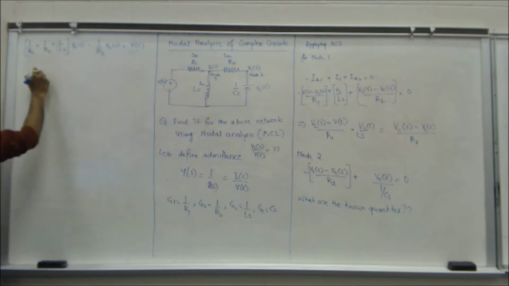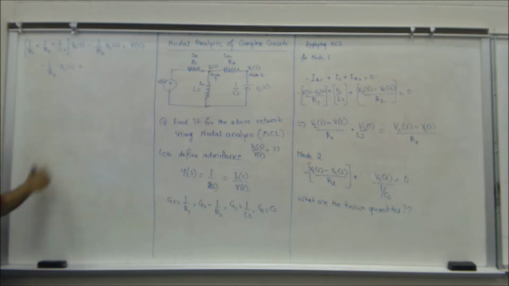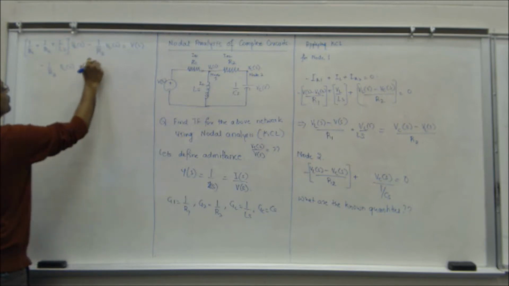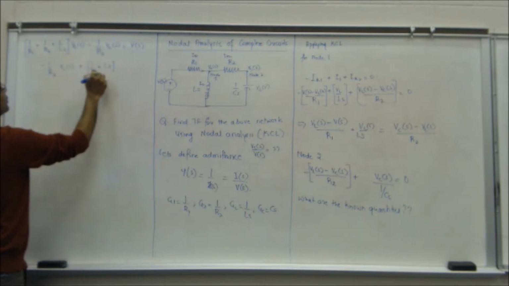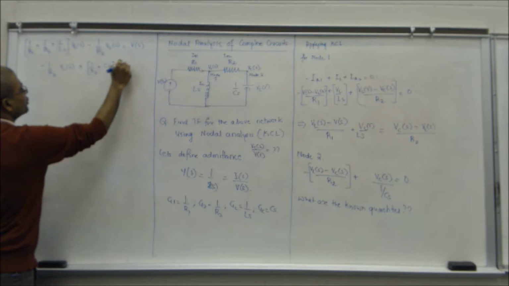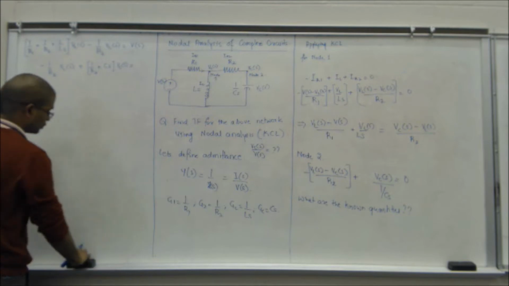Okay. And similarly, here for node 2, what you have is minus 1 over R2 VL of S plus 1 over R2 plus C S, times VC of S, is equal to 0.